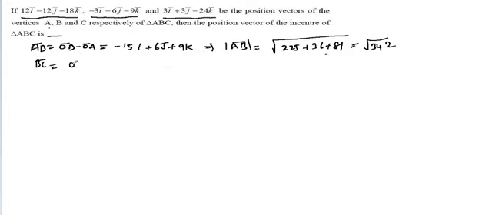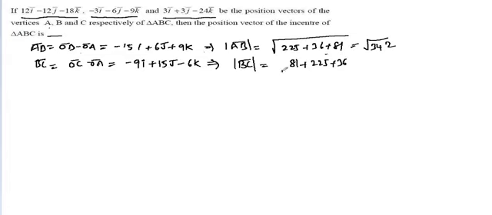BC bar is equal to OC bar minus OB bar. OC bar is 3i minus 3i, 3j plus 12j, that is 15j, minus 24k plus 18k. So that implies modulus of BC bar is equal to 81 plus 225 plus 36 under root, that is equal to root over 342.